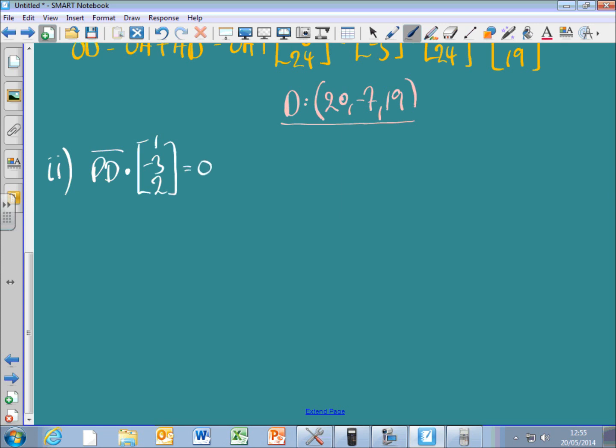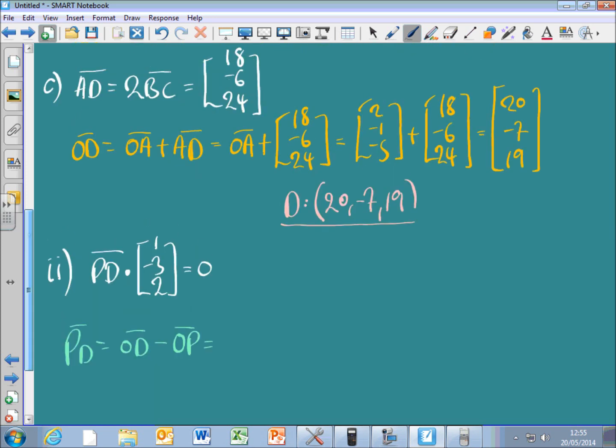The dot product should be 0 if they're perpendicular. So what I need is a way to write down P to D. I can do a similar trick to what I've just done. P to D is O to D take away O to P, and O to D is something we just worked out.